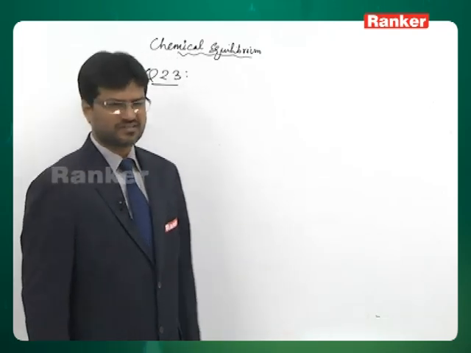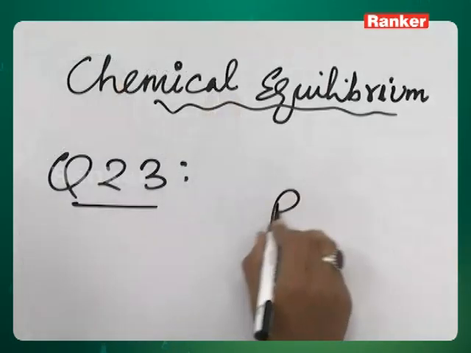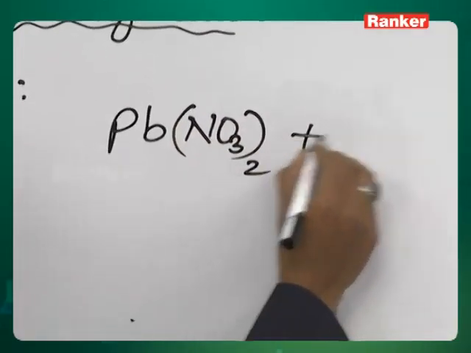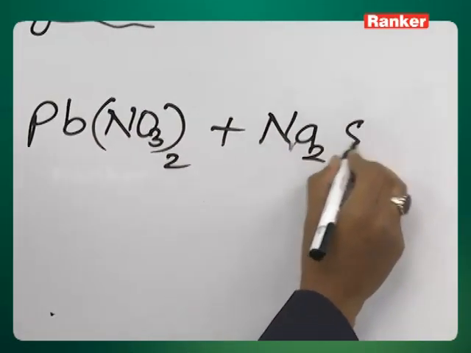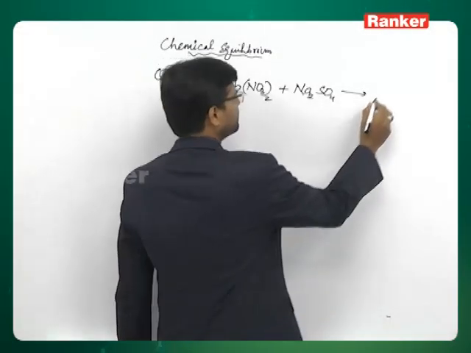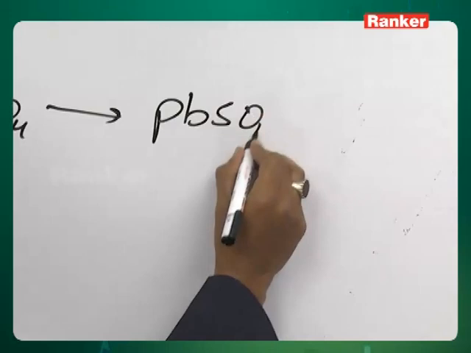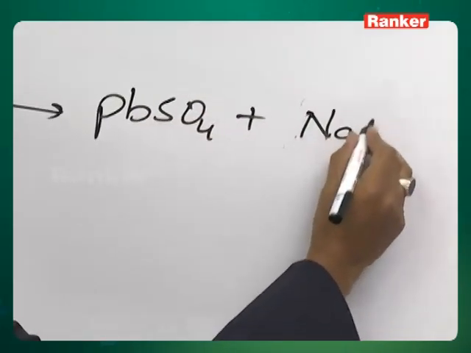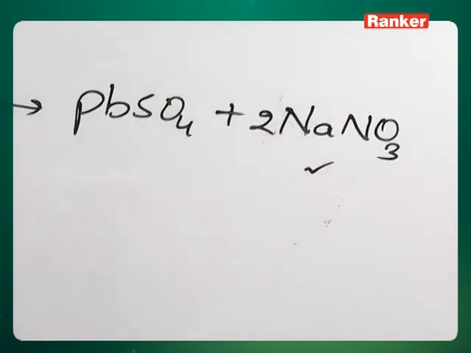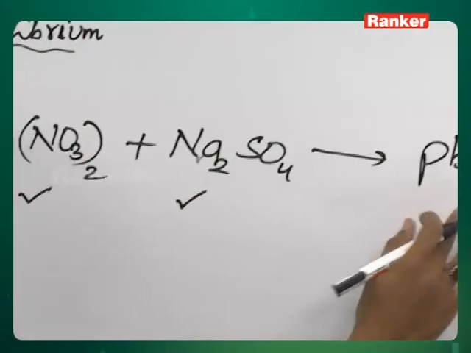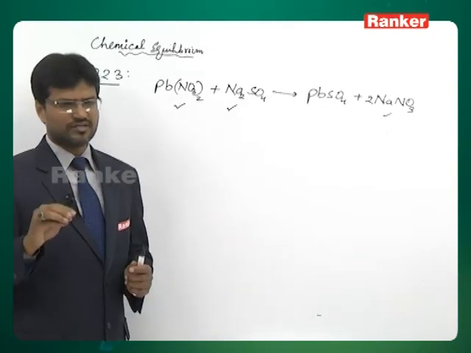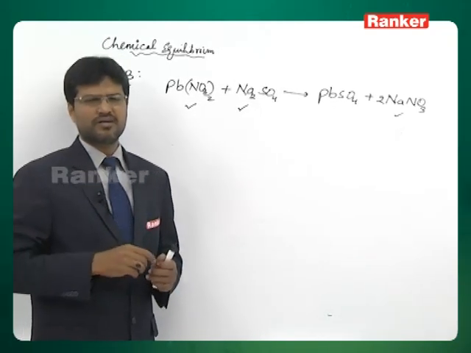See, the substance which can get precipitated: Pb(NO3)2 is a soluble substance, and you are adding sodium sulfate, another soluble substance, and you can expect it to give PbSO4 plus NaNO3. Remember, this is soluble, this is soluble, this is soluble, this is an insoluble substance. If any precipitation forms in this reaction, it has to be a precipitate of PbSO4.